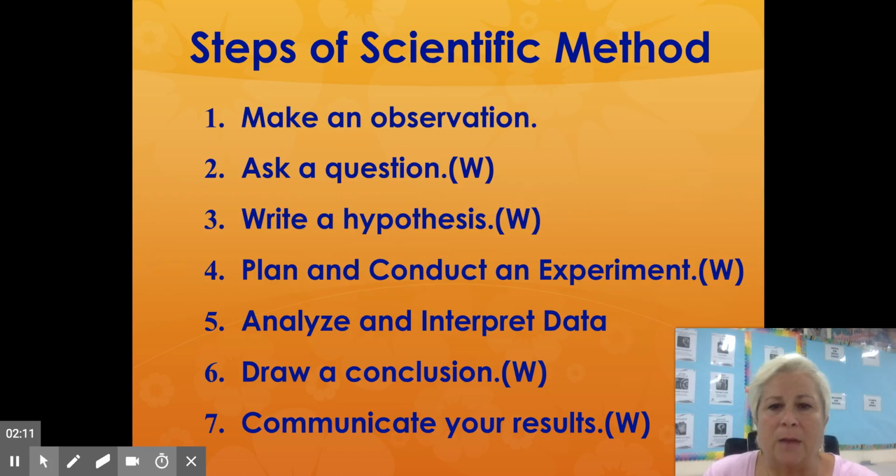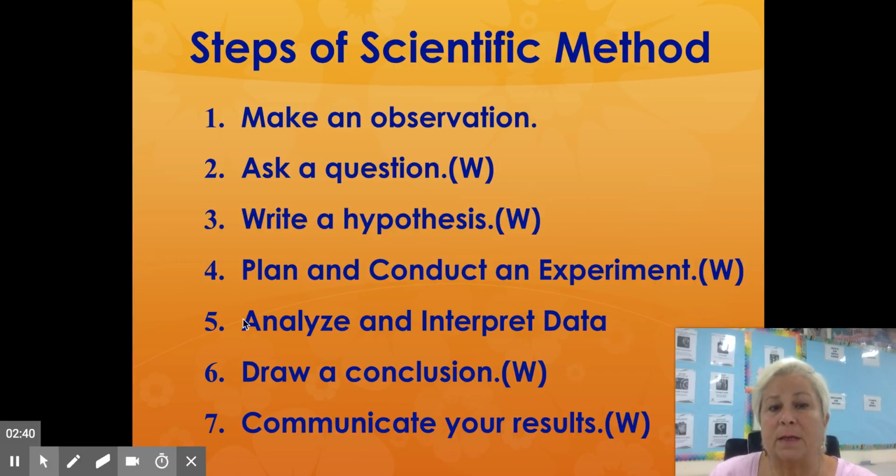Okay, now scientific method, we're going to talk about 7 different steps in scientific method. Here they are on the screen. The first one is make an observation. 2 is ask a question. 3 is write a hypothesis. Sometimes you'll hear formulate a hypothesis. 4 is to plan and conduct the experiment. 5 is analyze and interpret data that you collected in your experiment. 6 is to draw a conclusion.